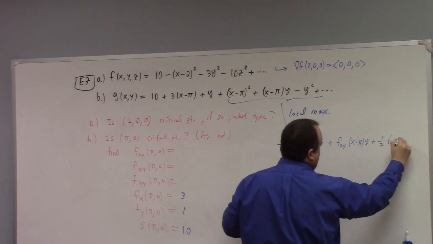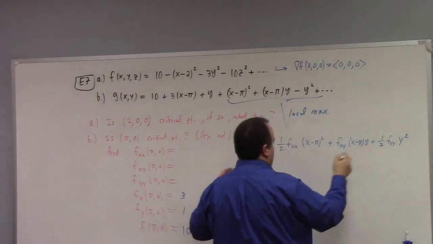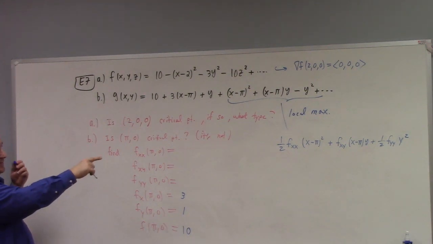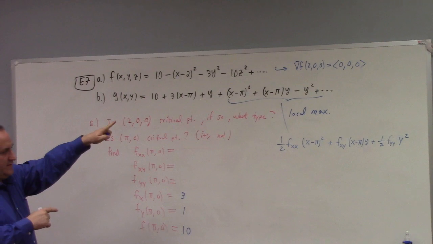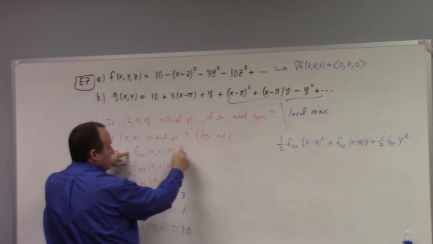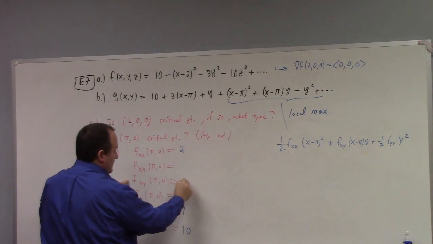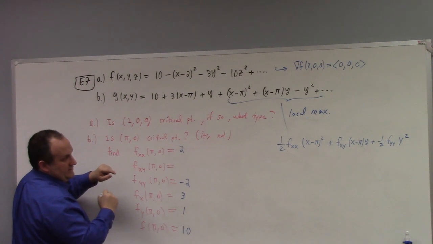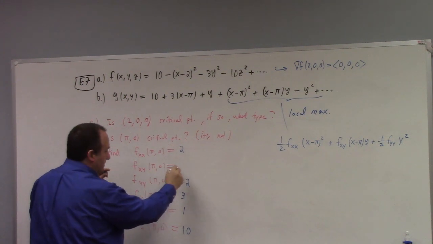I'm suppressing the point dependence, but that's the quadratic term in the multivariate Taylor expansion. And so if we compare that to what's given, you can see that we have to have a 2 for this one, and we have to have a minus 2 for the y derivative. But the xy derivative apparently is 1.